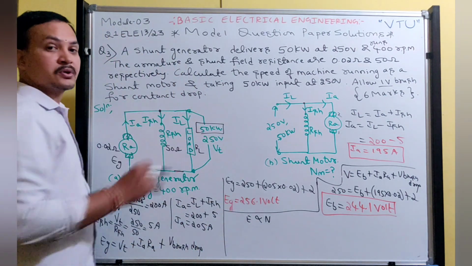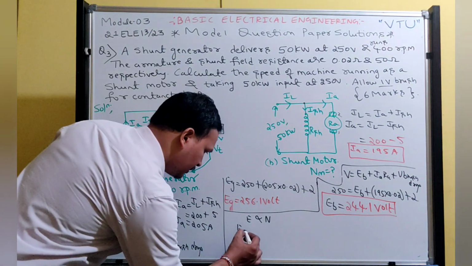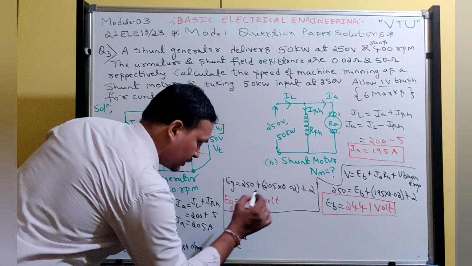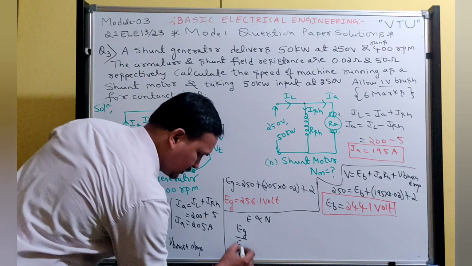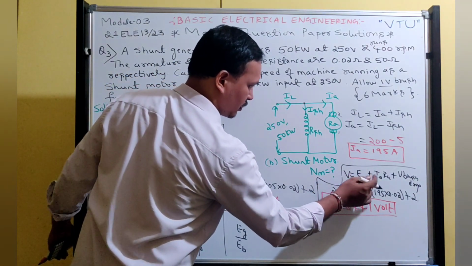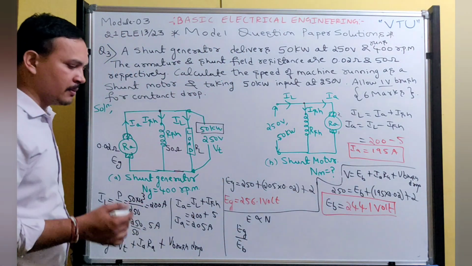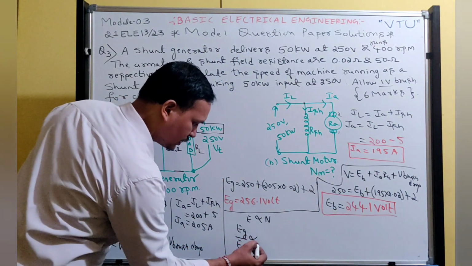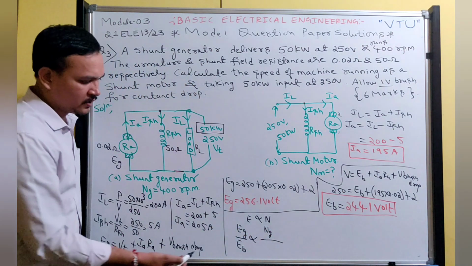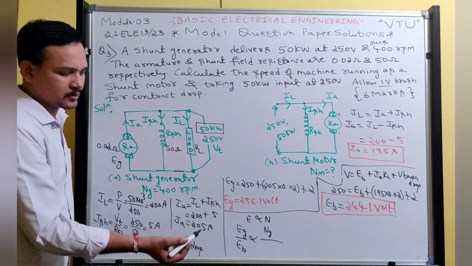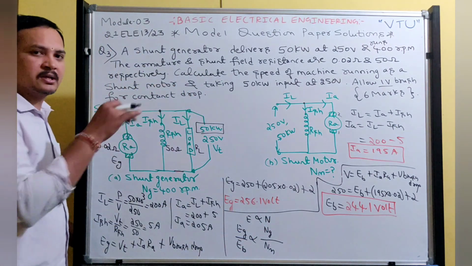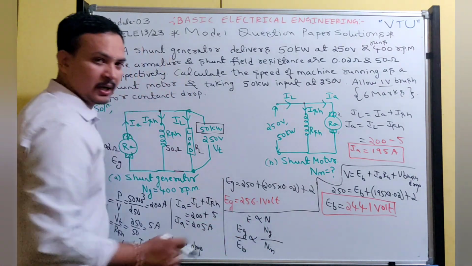Now you take the generated voltage in the generator and the generated voltage in the motor, that is EB. So proportional to, the generator speed is NG for the corresponding EG. For the corresponding EB, which takes place in the motor, I have written the motor speed NM.